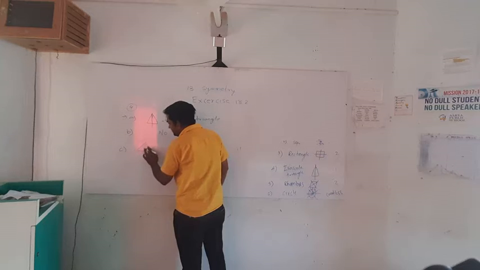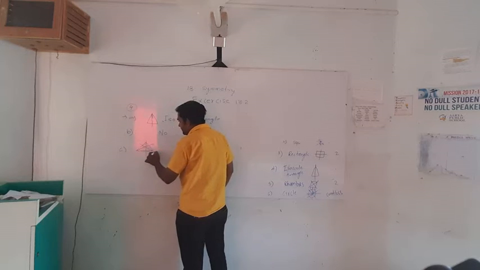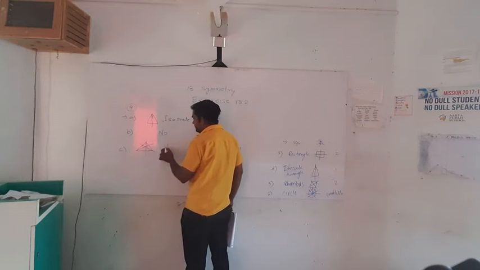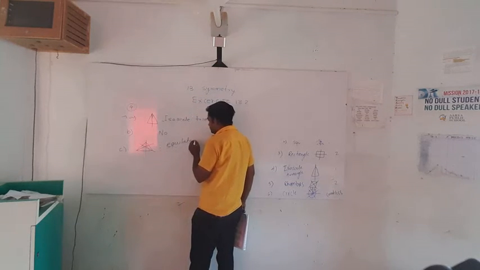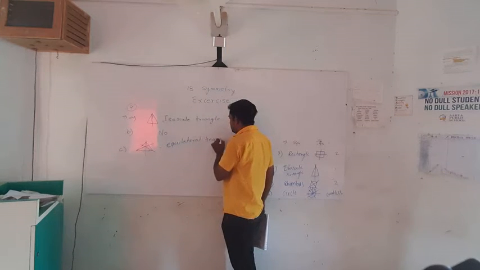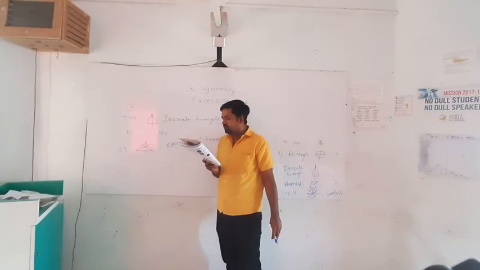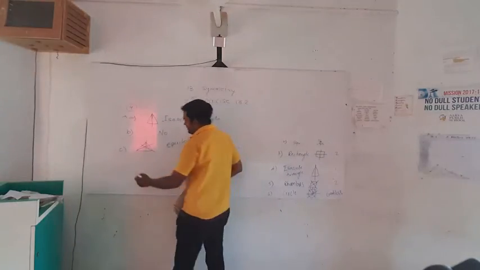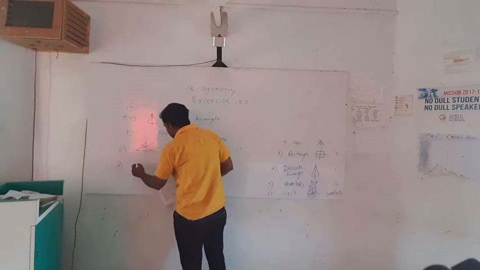All 3 sides are the same. 1 line, 2 line and 3 line. Yes, what is the name? Equilateral triangle. And the last one, no line of symmetry. So a scalene triangle is the same. No line of symmetry.